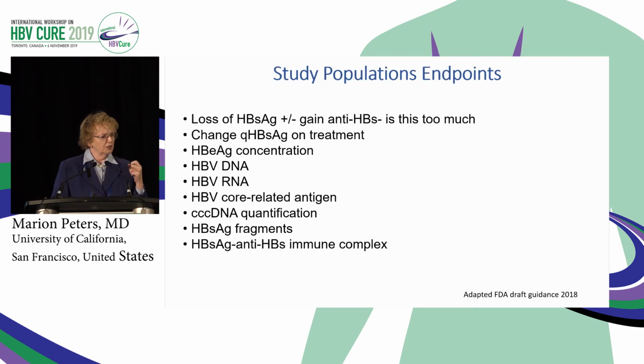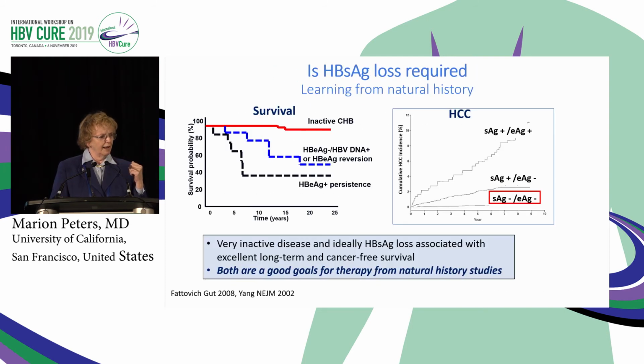Endpoints you've already heard discussed, and the only thing I want to bring up is this slide from Jordan that reminds us that surface antigen loss is fabulous, but actually becoming inactive has excellent survival, on the left, compared to those with active disease, and on the right, very low incidence of HCC, or lower than those with active disease.